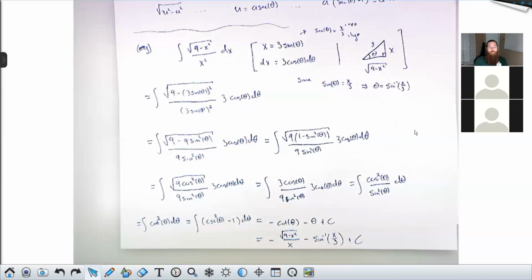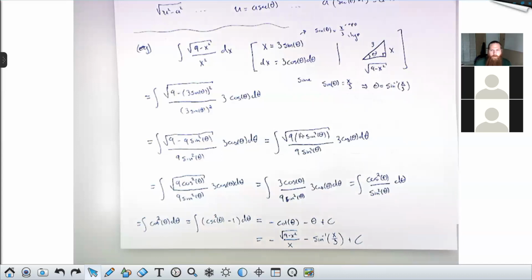Excuse me, sir. Yeah, the inverse sine, I'm talking about the bottom where you say minus square root of 9 minus x squared over x minus inverse sine. So the inverse sine should be 3 over x.